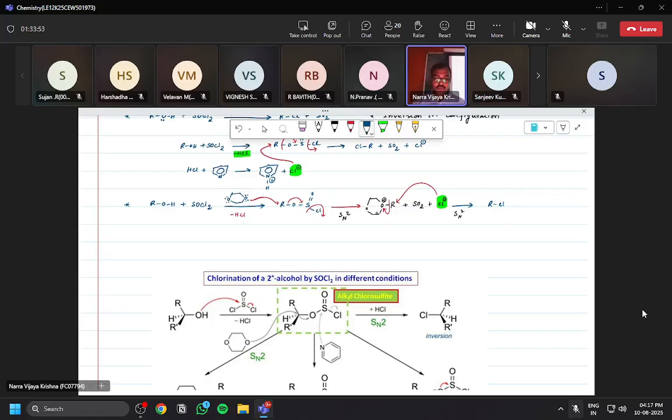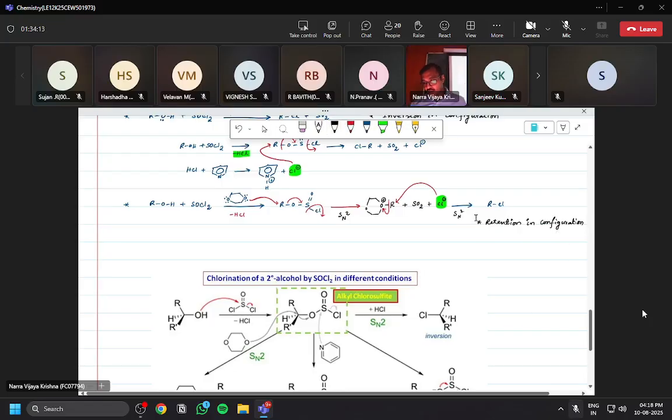SO2 gone. So the configuration is retention in configuration again. Any questions in this? So inversion happened twice.